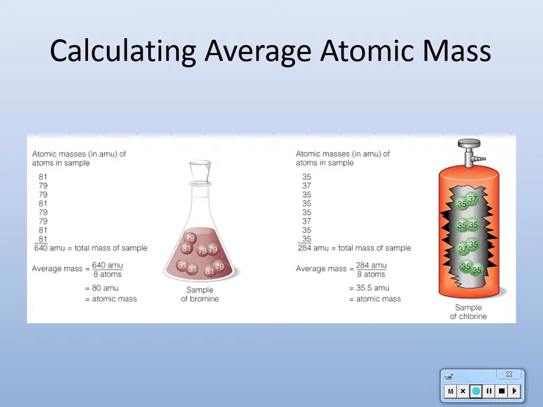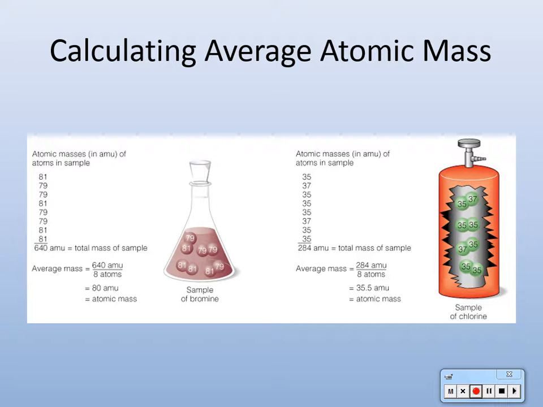When we had the bromine, with an even distribution of 79 and 81, where was the average? Right in the middle. But here, is the average of these 8 going to be 36? Nope. Because do we have an even number of 35s and 37s? 35s make up more of the sample, so they contribute more to the average.